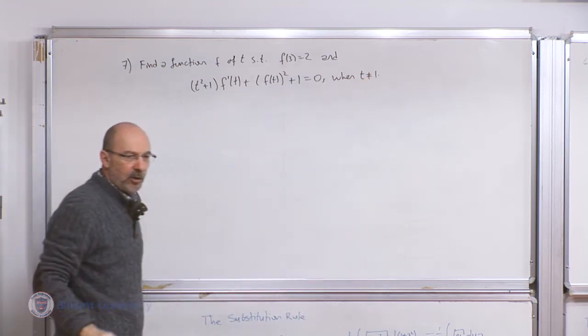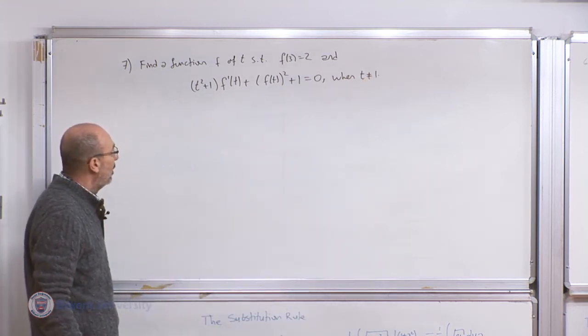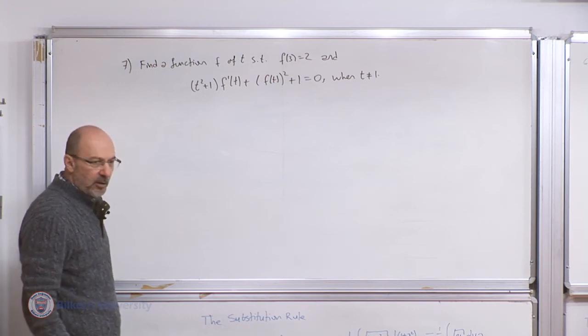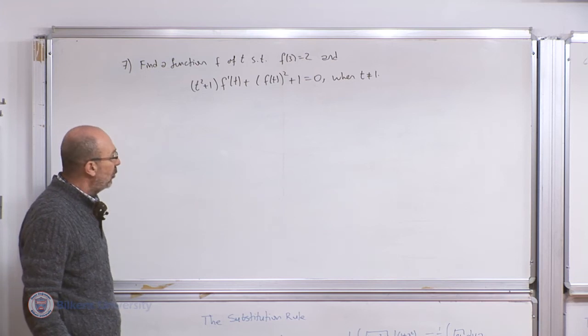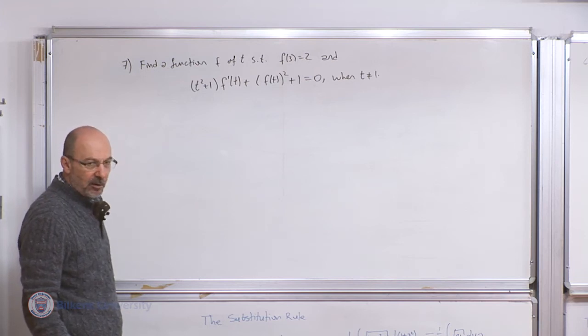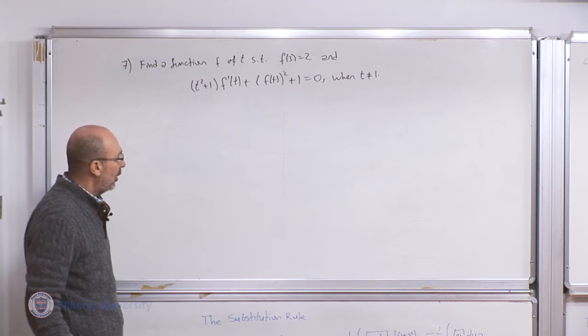At this point, there is no reason to suspect that t should not take every value, but in the solution, you apparently divide by t minus 1, so then t shouldn't be 1.